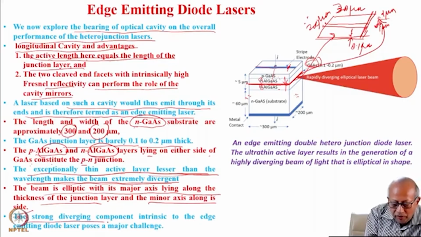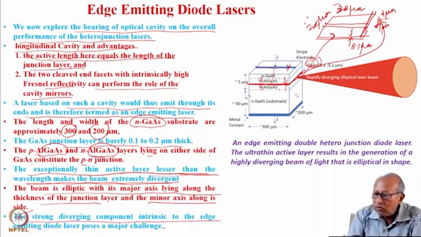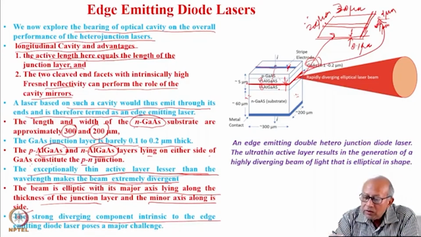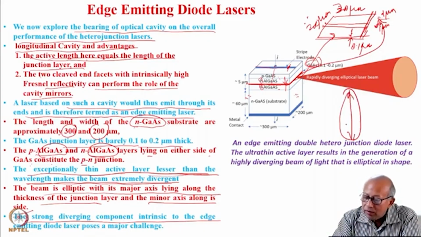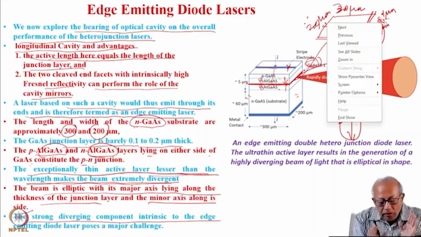Because the thickness is much too short compared to this side, the beam will be elliptical. So this strong diverging component intrinsic to edge emitting diode laser poses a major challenge.